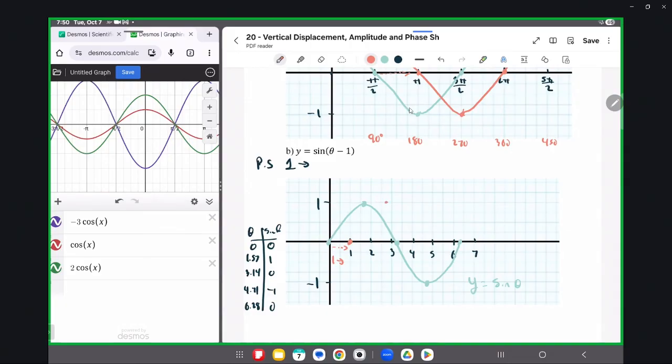It's about there. 3.14 becomes 4.14. 4.71 becomes 5.71. And 6.28 becomes 7.28. And so we can see this will be the corresponding phase shift function. Oh, we should curve that the other way. So this will be y is equal to sine of theta minus 1.